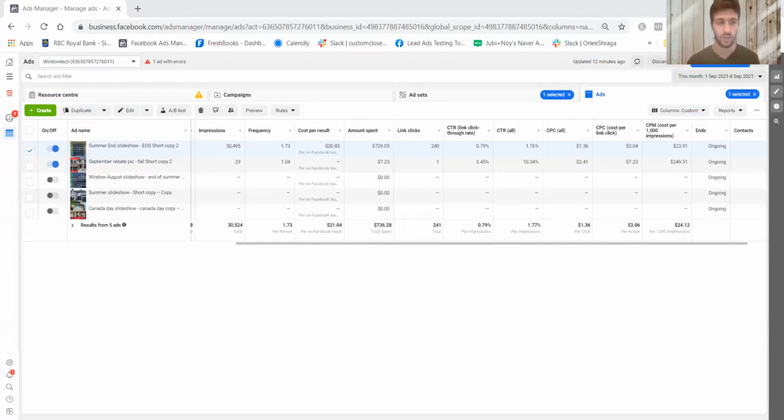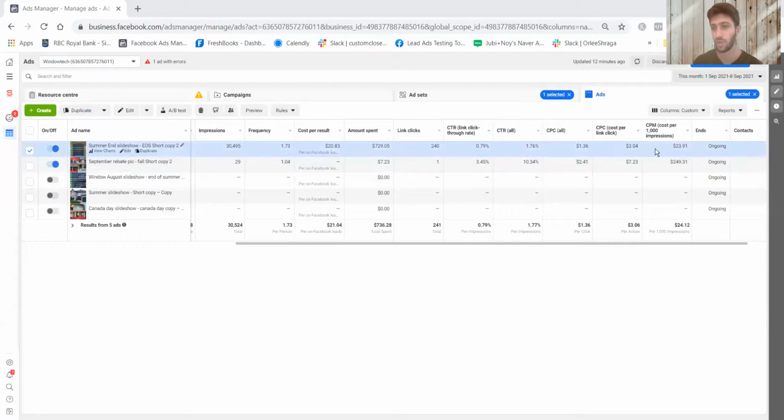Now, how do you know if it's creatives, like your copywriting or your image or videos, if those aren't up to par? Generally, what you would have is low CTR, and low CTR we count as under 1%. So I can already see here the click-through rate is under 1%. So that shows me, okay, that could be more interesting for this audience.